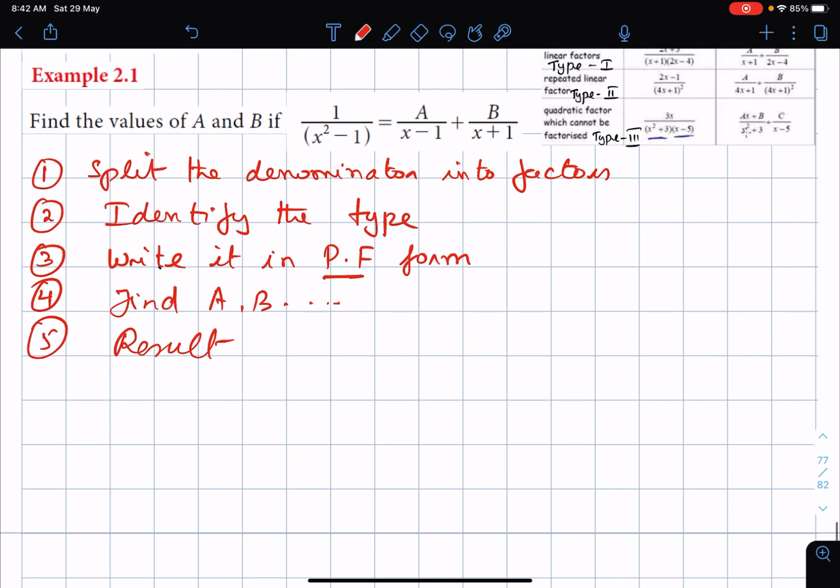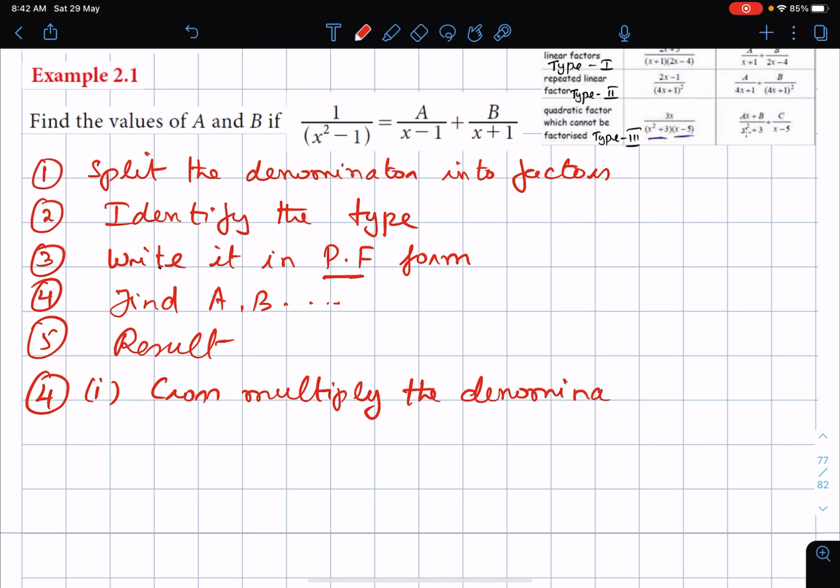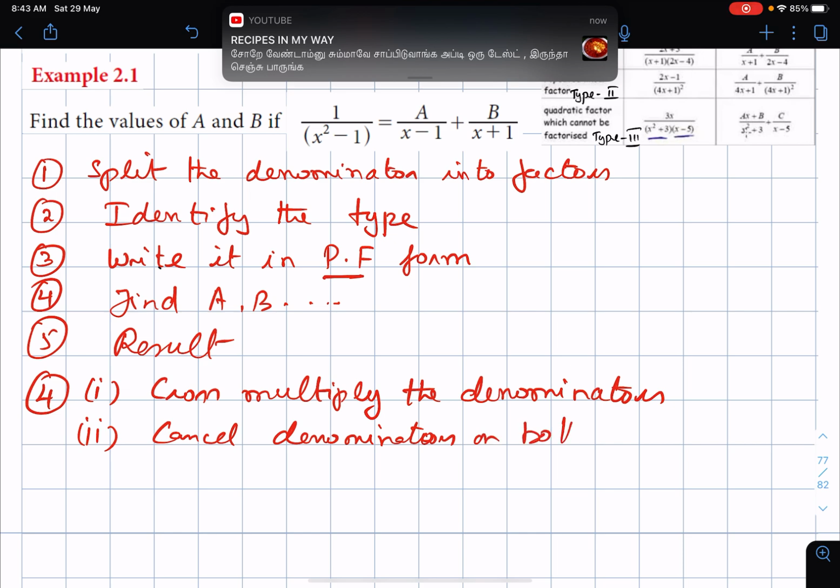Now in finding a and b you have got some steps. I'll break it into more simple steps. First one you are going to do is cross multiply the denominators. Then second step, when you cross multiply, both LHS and RHS denominators will be the same, so cancel denominators on both sides, so you will get the numerator alone.